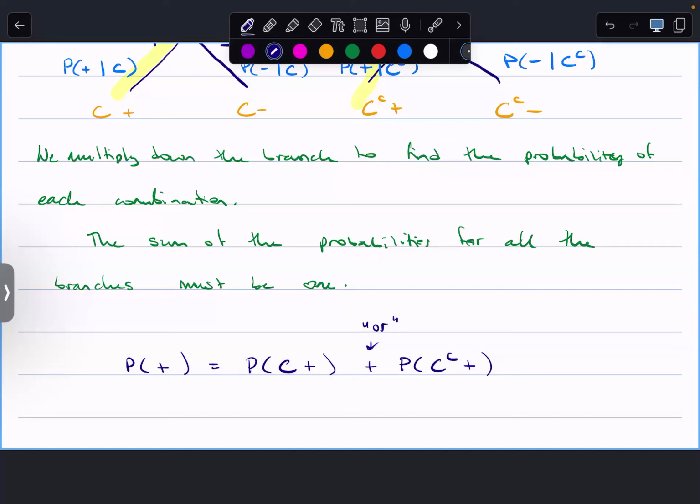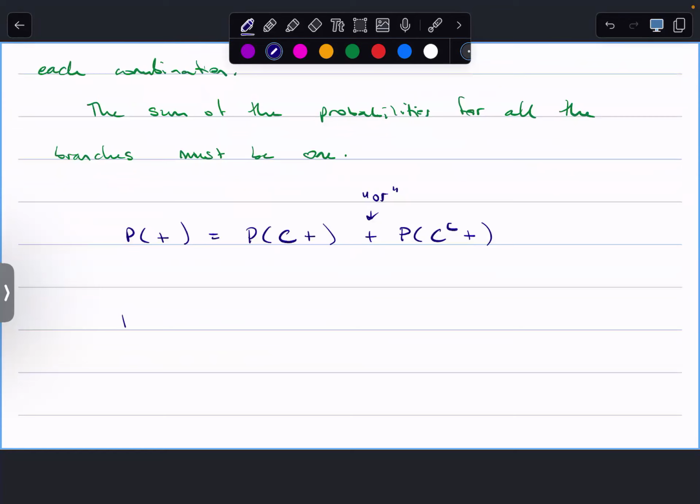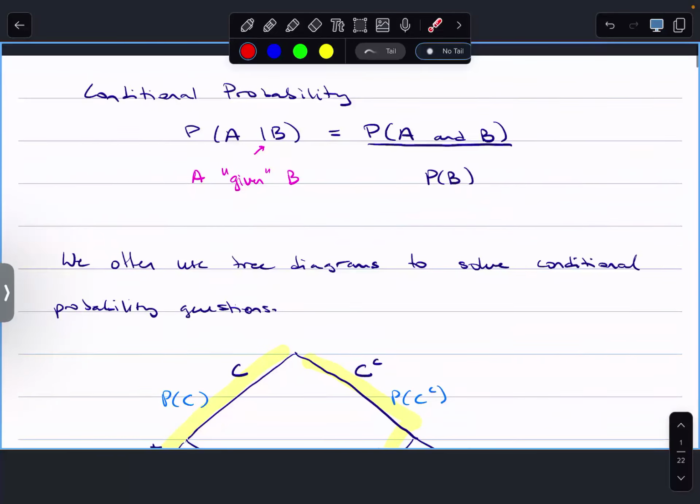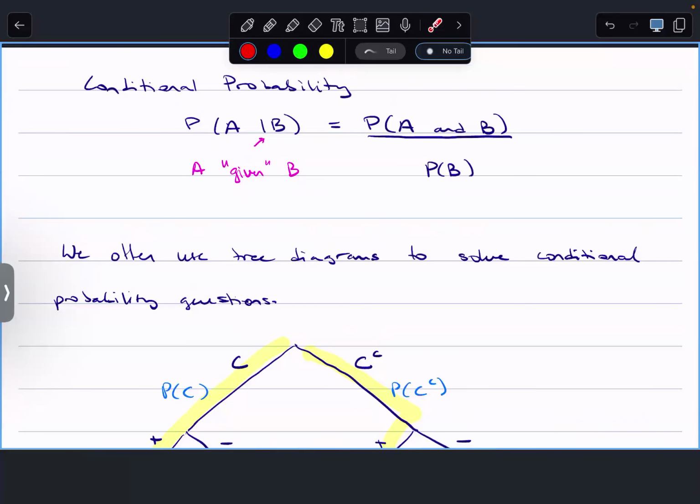So then we found, what was it we found? We found the probability of them having cancer given that they had a positive test. Going back to just the general form of the probability of A given B, I do the probability of the first and the second in my numerator, and then I divide by the overall probability of the second thing.